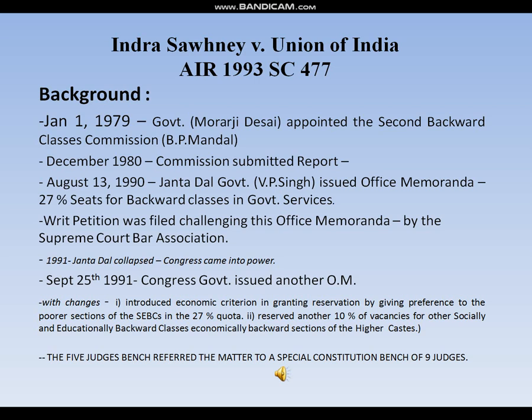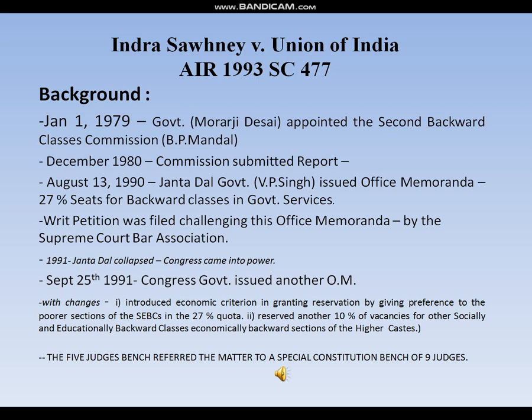When this was done, there was a huge violent anti-reservation movement in the nation. It was also followed by a writ petition challenging the validity of the office memorandum, filed on behalf of the Supreme Court Bar Association.